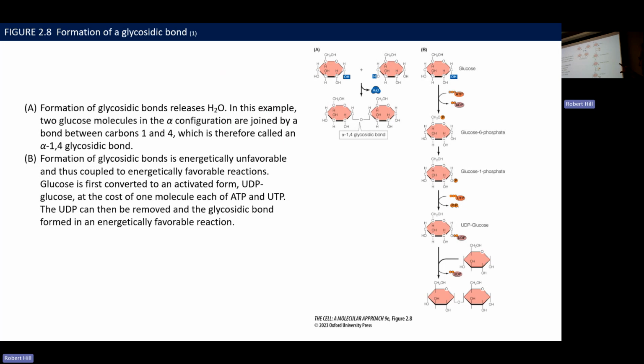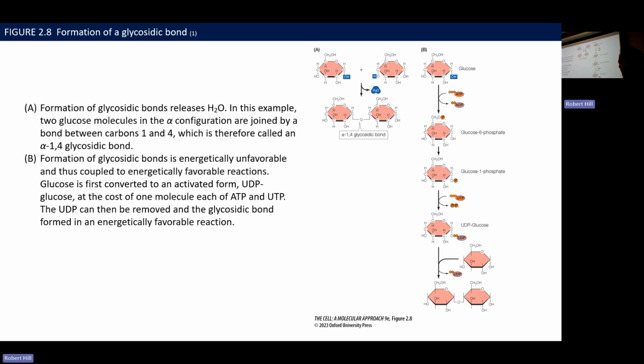And then this is the most important step here, through the addition of a chemical called UTP, right? You get an intermediate molecule that gets made, which is called UDP glucose, uridine diphosphate glucose. This is a higher energy form of glucose. Okay, you can see it's got these additional phosphate groups on it.